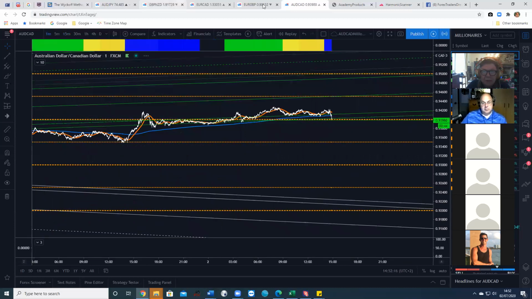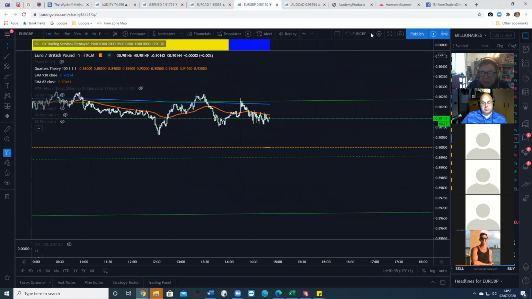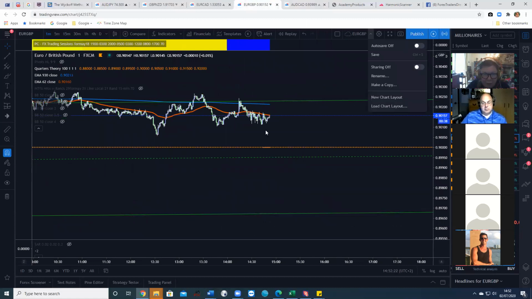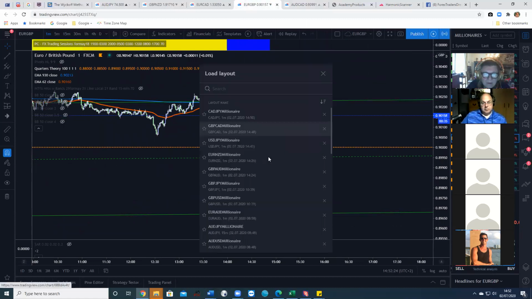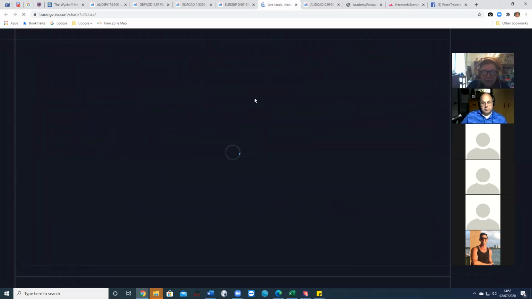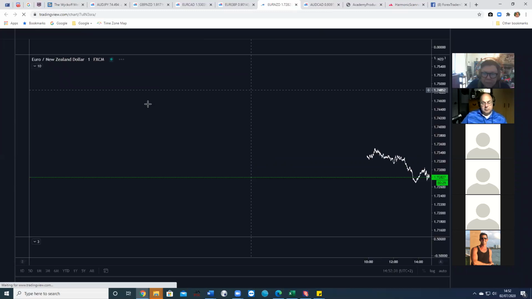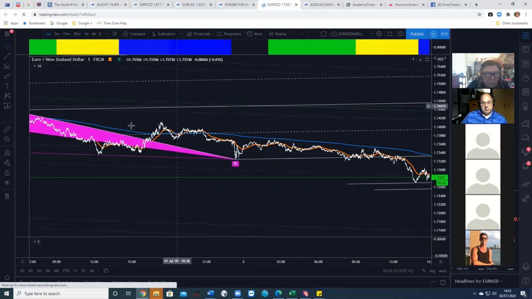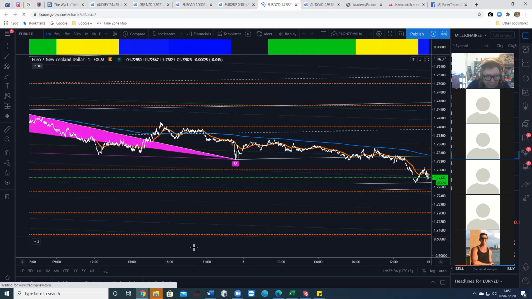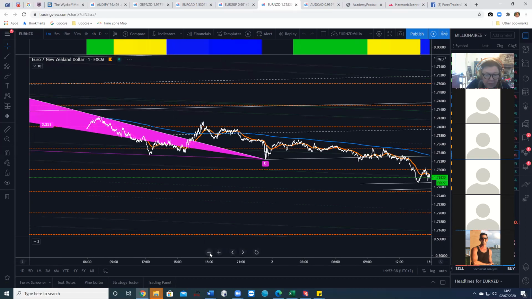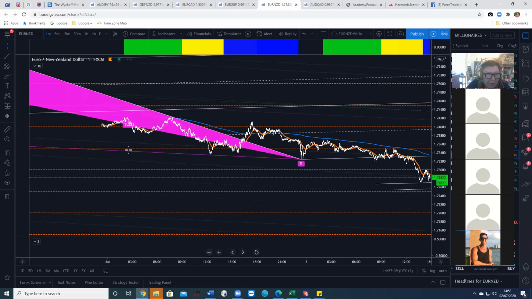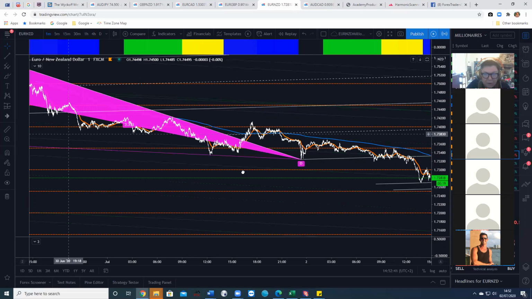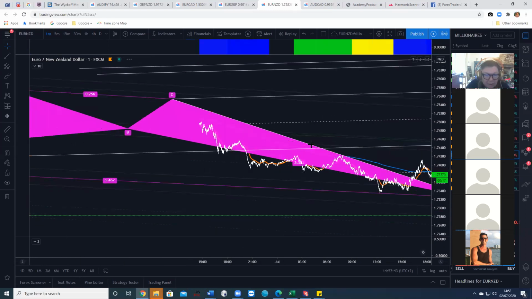I've taken the markups off it. It was on EN. But I did sit in it for about 20 hours, which is very unusual for me. It's not like you at all, is it? No, I know. But it's because I haven't been able to do a lot of the quicker swing trades.